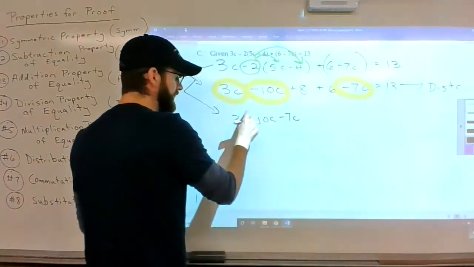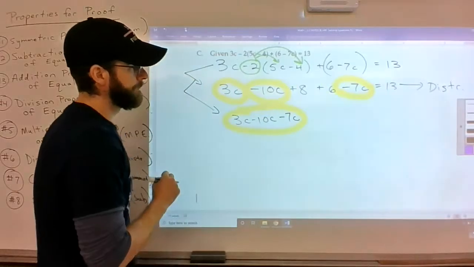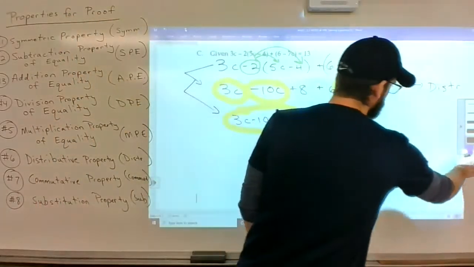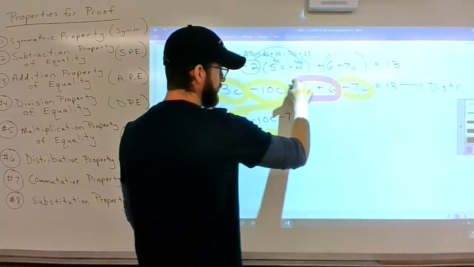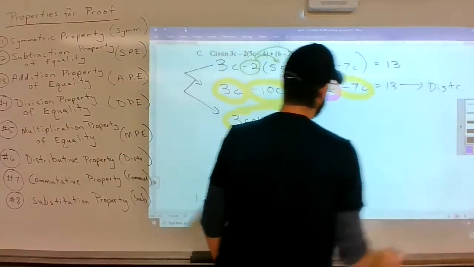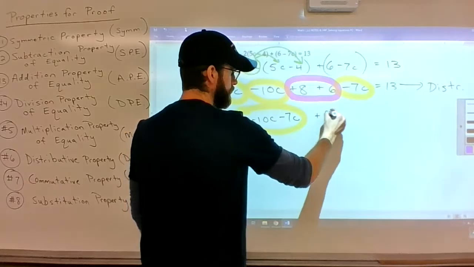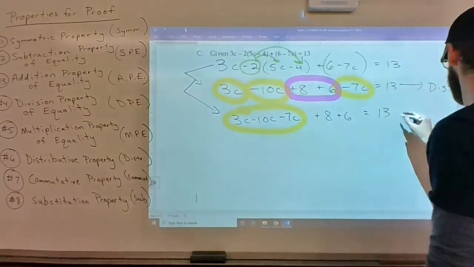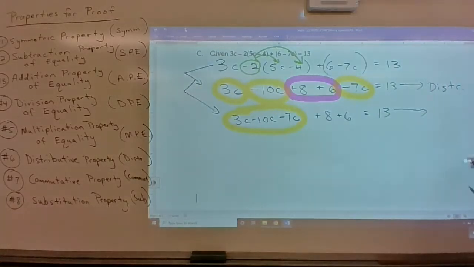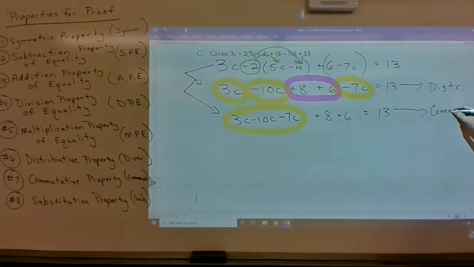So here's all my like terms together. The 8 plus 6 are already side by side. So that's the commutative property in action.